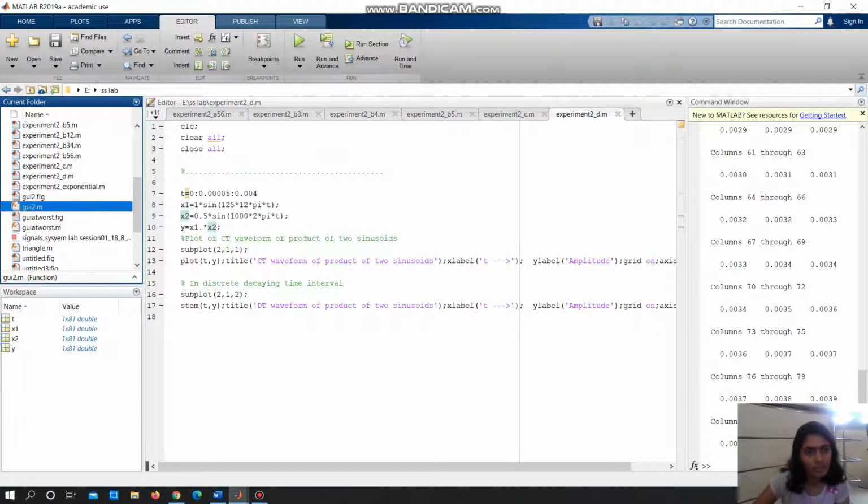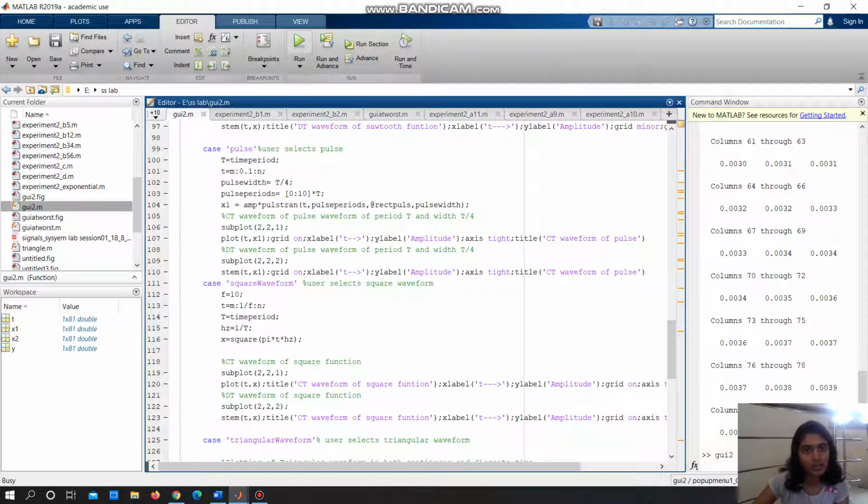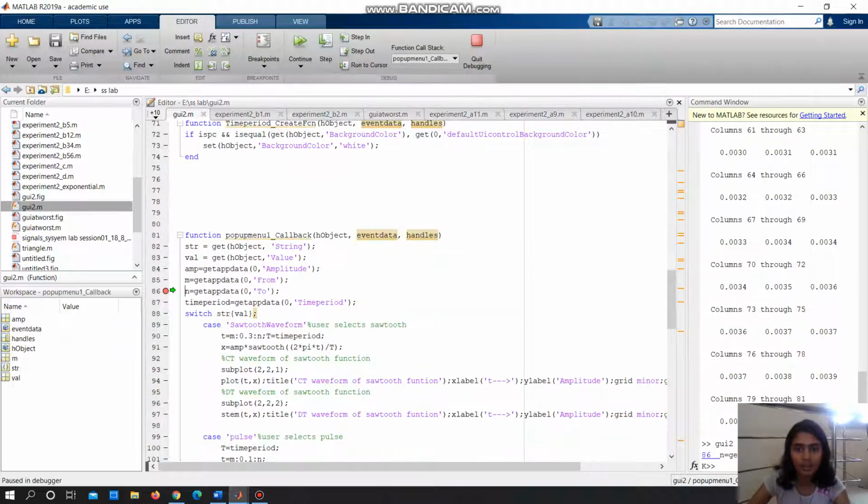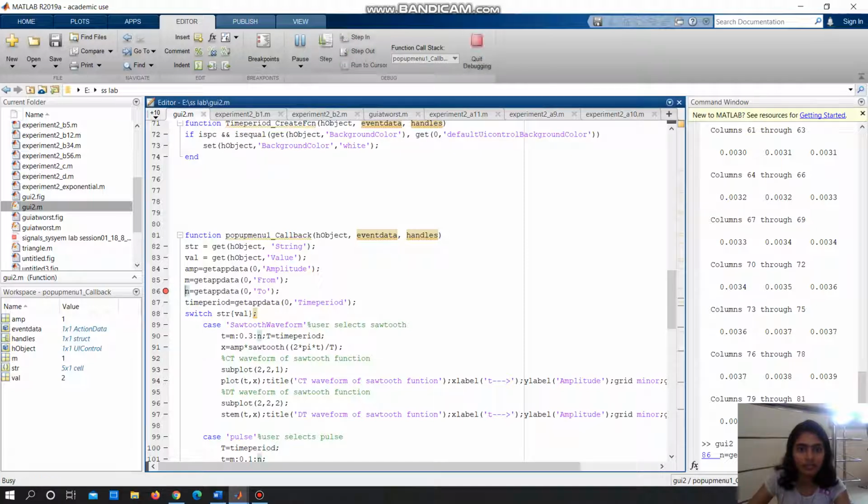We were asked to create a GUI of this form, which takes the values of limits of x and asks for the type of function, the amplitude, and time period.